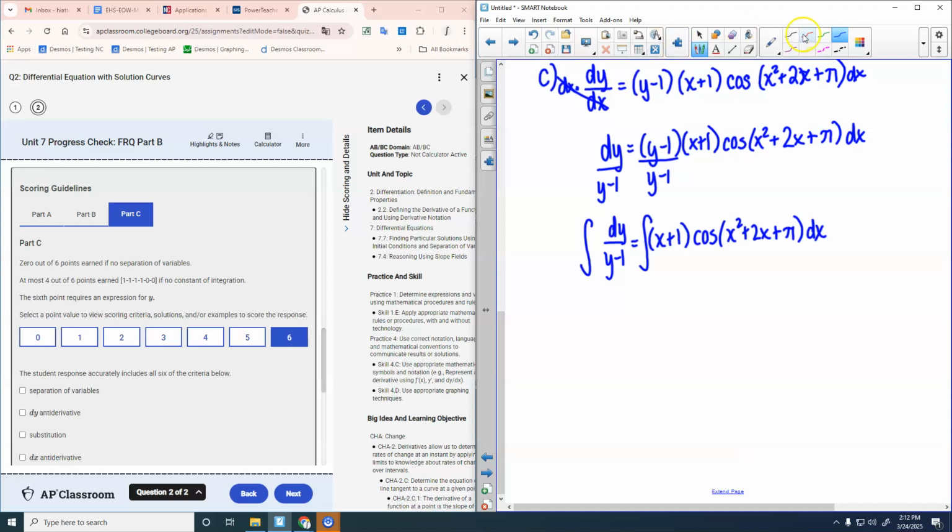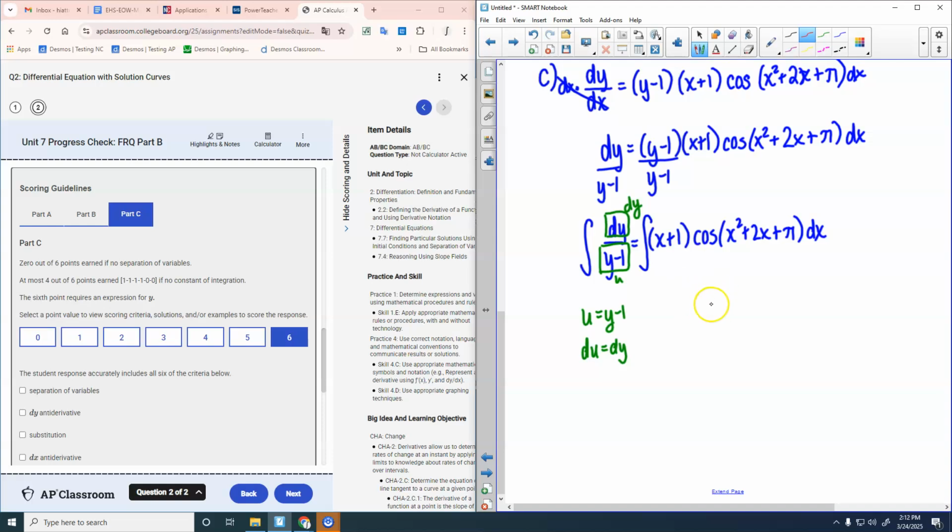So if I use a u over here, u equals y minus 1, then du is just dy. Since I've already used a u, I don't want to use u again for a different part. So pick a different letter. It doesn't matter. Just don't use any of the other variables that are in the problem already.